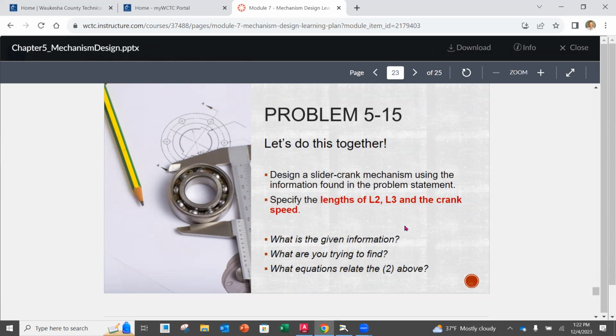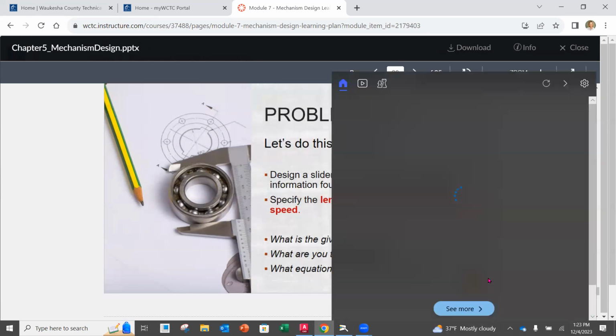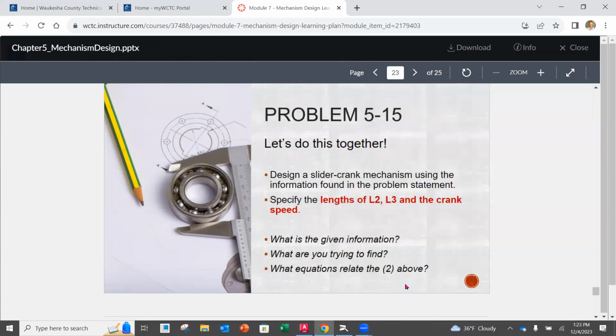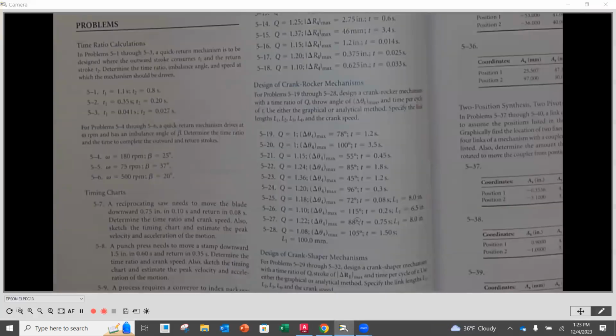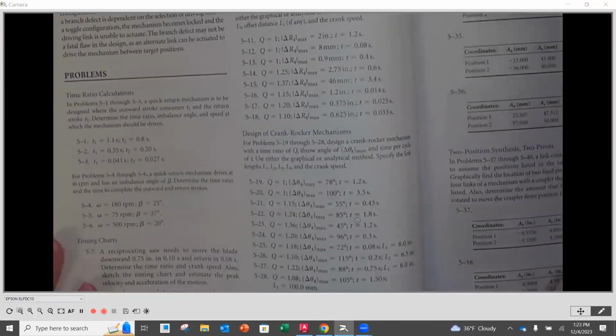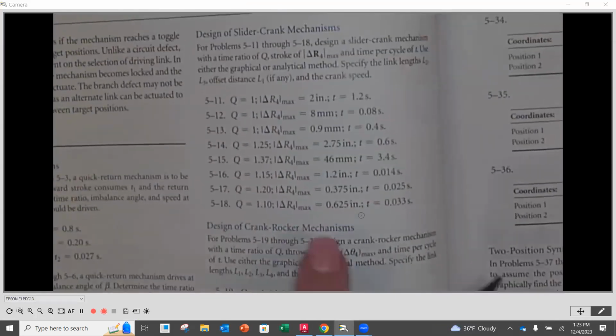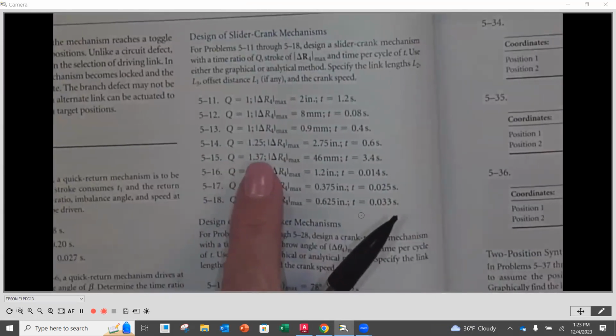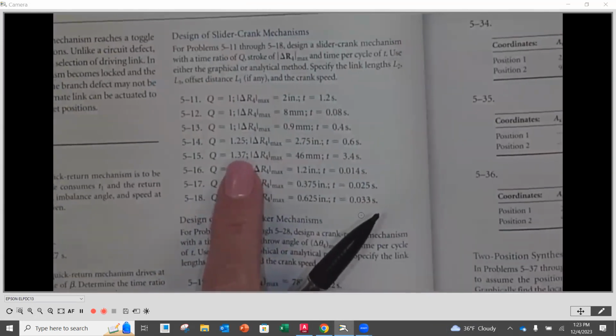Okay, so 515, we're going to go down a little bit in that same section. We're still in slider crank mechanism mode, but this time our Q is 1.37.